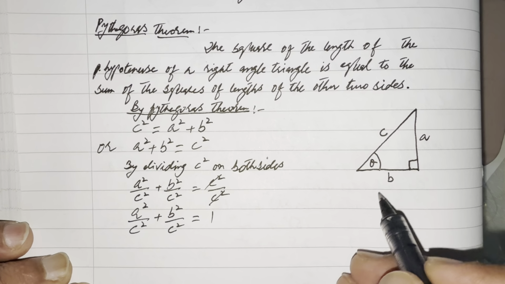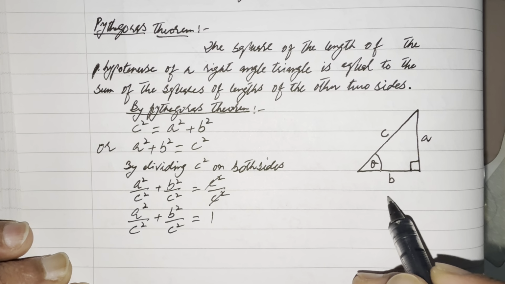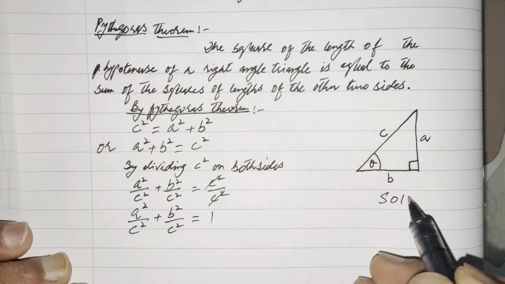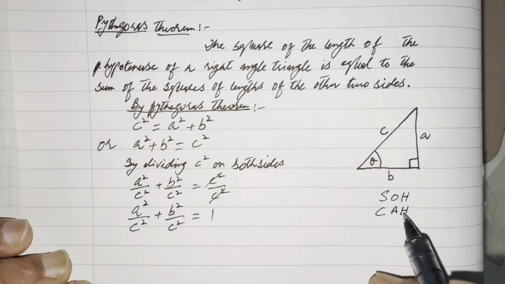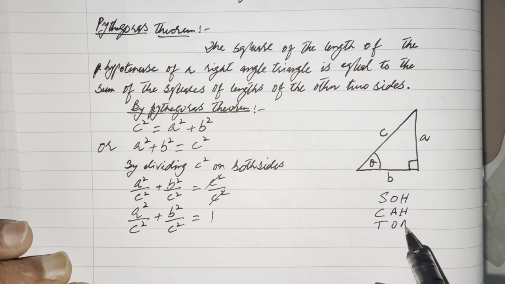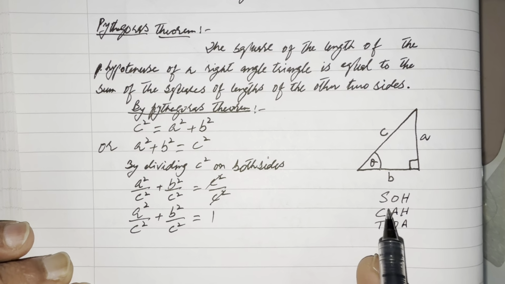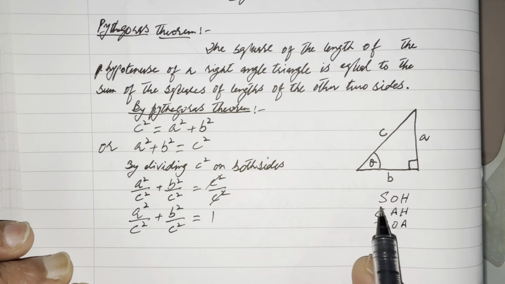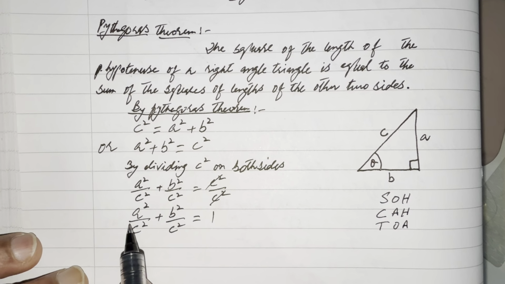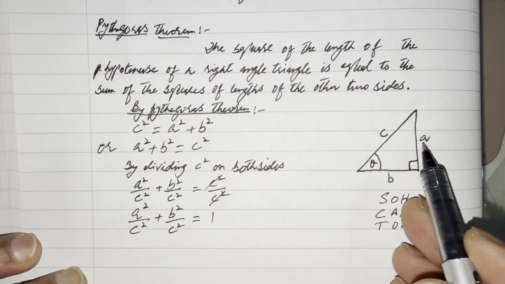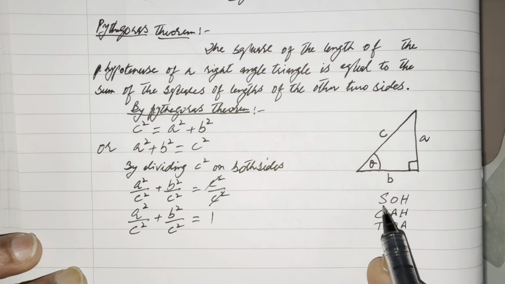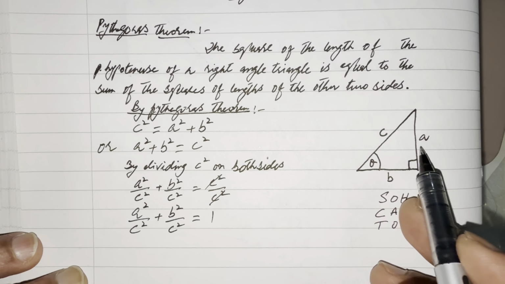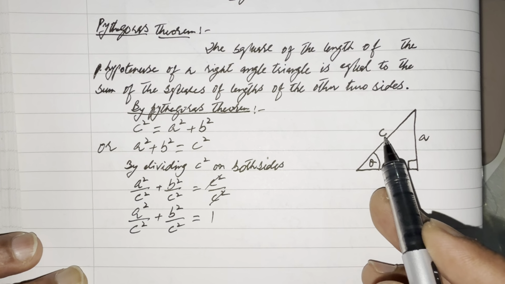By using these words SOH, CAH and TOA, if we see A square over C square, sine will be equal to a over c.